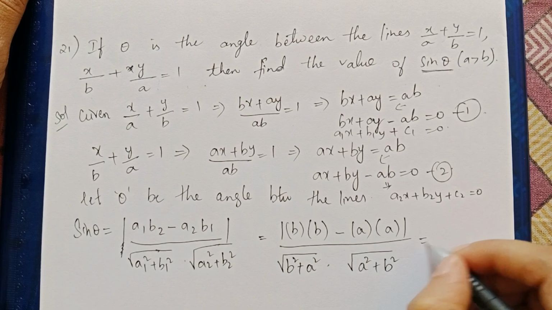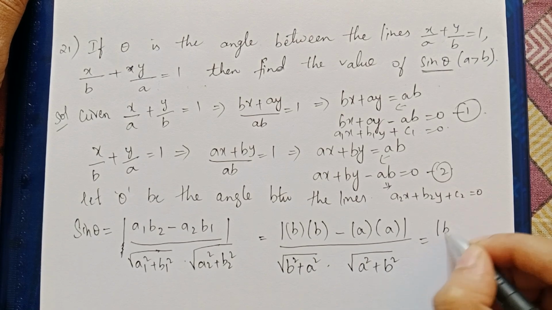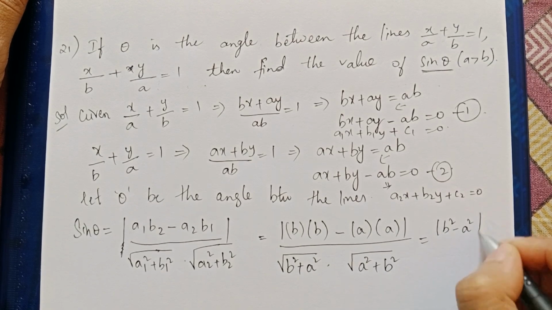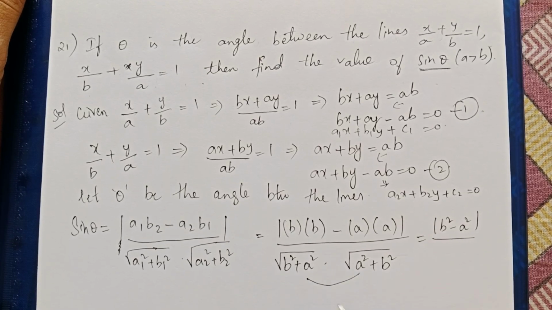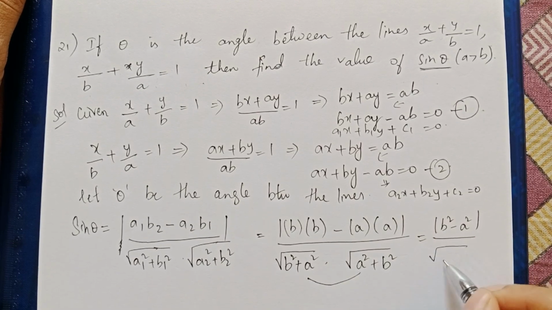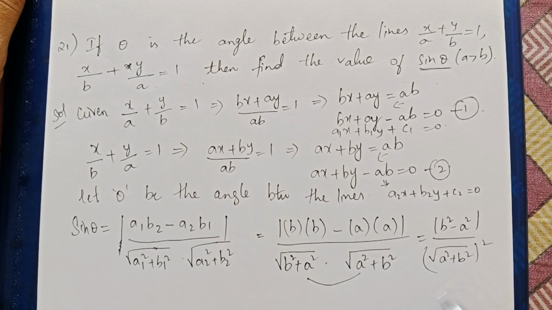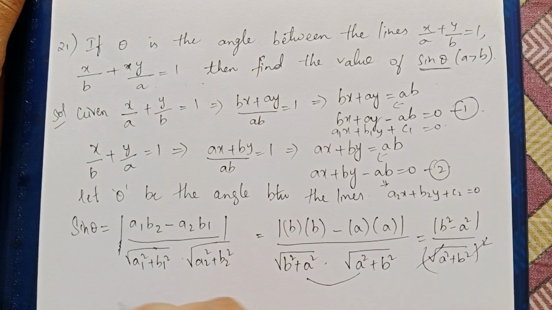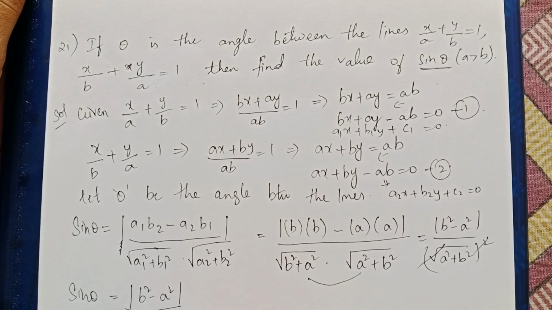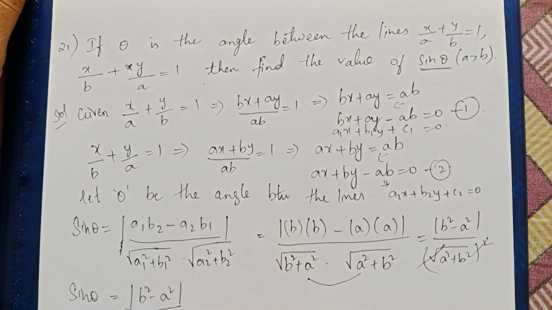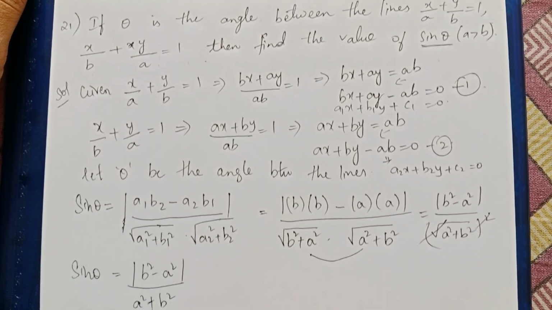So this can be written as b into b is b square minus a into a is a square, by, they are the same terms, so multiplying them we get the root whole square. The square and root get cancelled, so sine theta is equal to mod of (b square minus a square) by (a square plus b square), right?